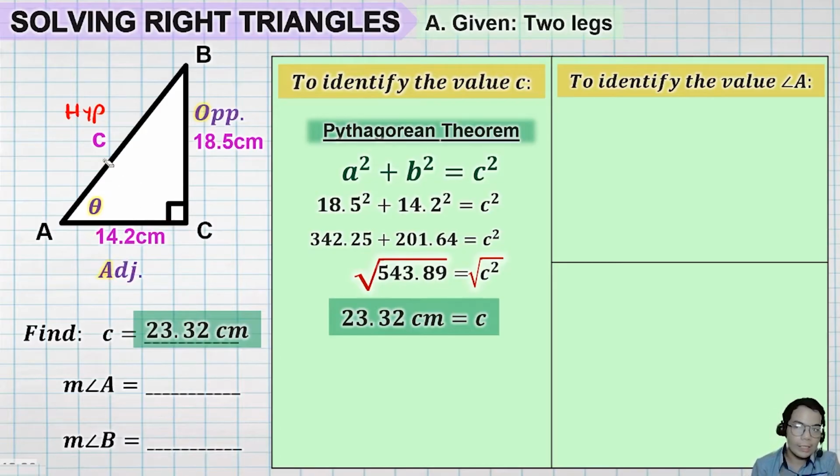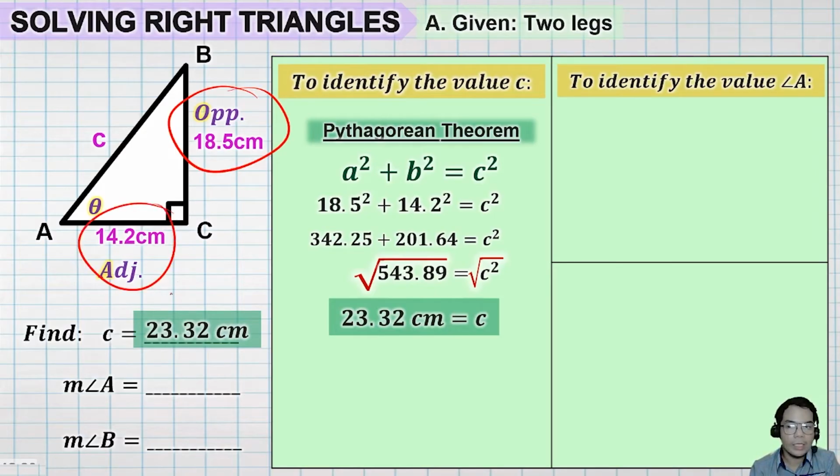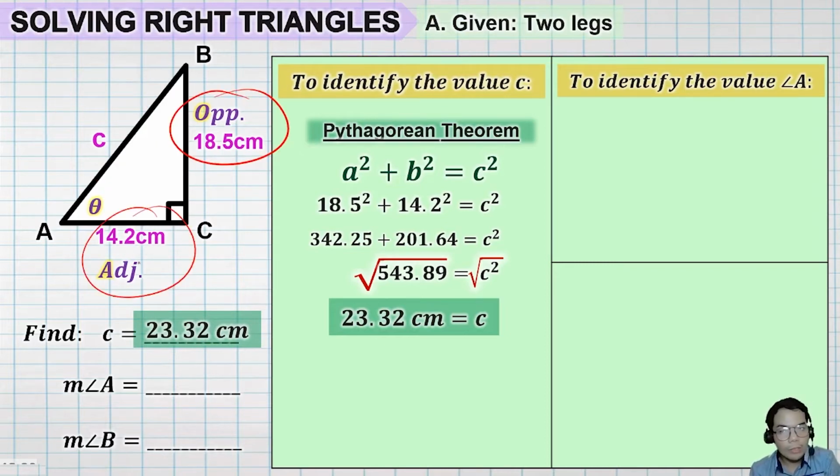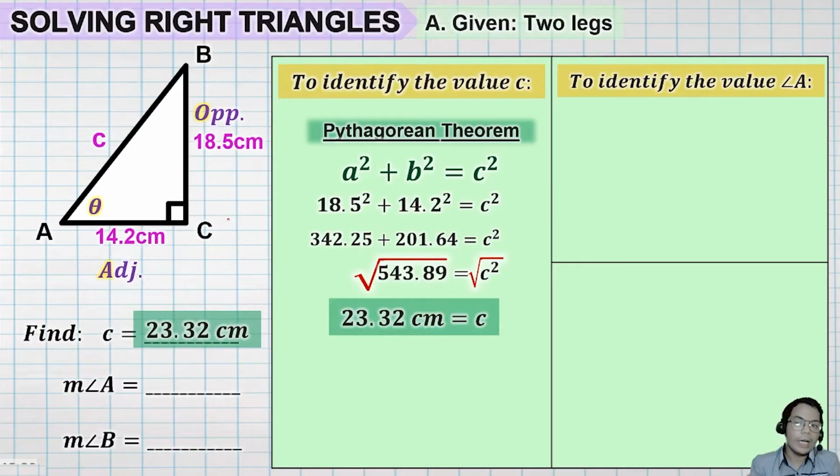Tandaan, sa strategy natin na to, kailangan ang bibigyan mo lang muna ng pangalan is yung dalawang may given measurements. Specifically, 18.5 at saka adjacent side which is 14.2. Tandaan, nakadepende to sa given. So, kunyari, binigay sa atin hypotenuse, o di gagamitin mo yung hypotenuse. So, this time, ang binigay lang sa atin is opposite saka adjacent. So, we'll be using opposite and adjacent side.